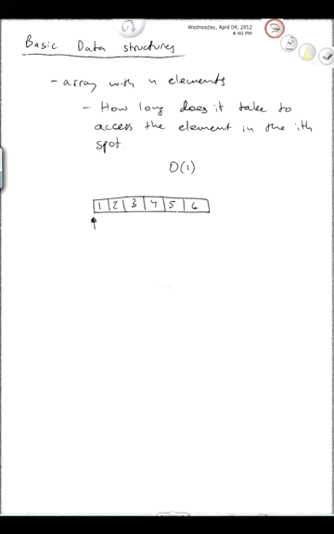And when somebody says, give me the 5th element of the array, I can just add 5 to my current location, and that immediately takes me to the spot where the 5th element is. So with just a single addition, I can return the 5th element of the array. This is very fast, and it's because all of the elements of the array are located contiguously one after the other in memory.